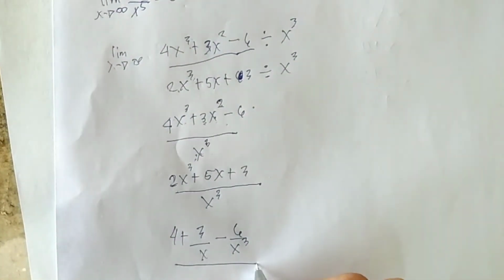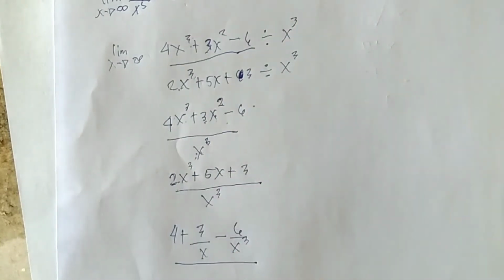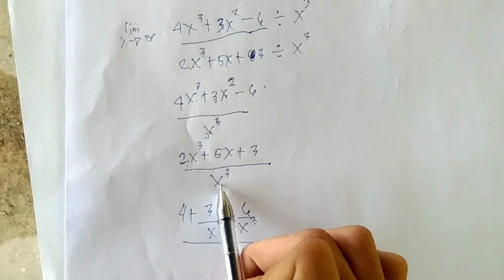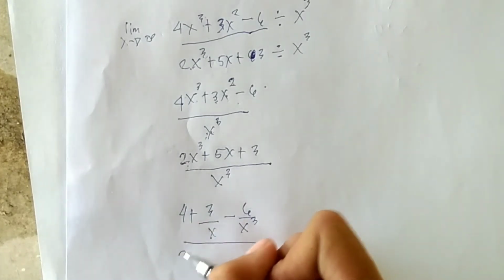Next is 2x cubed divided by x cubed, so what remains is 2.